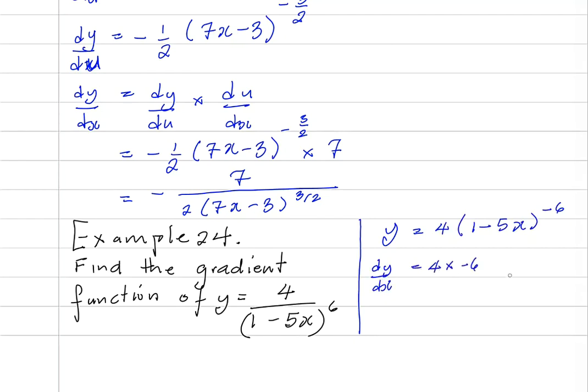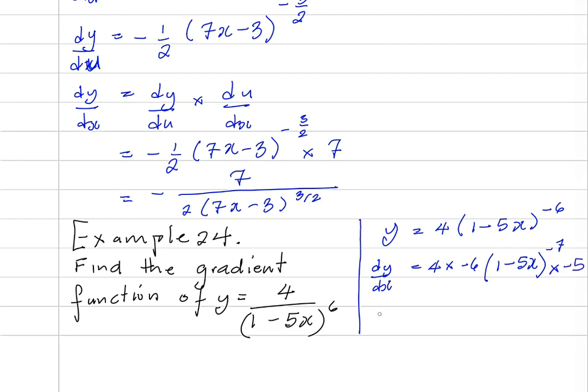So that minus 6 comes to the front. Then 1 minus 5x. The power decreases by 1, so it's minus 6 minus 1, which is minus 7. And then we have to multiply by the differential of the inside function. The inside function is 1 minus 5x. When you differentiate that, you're going to get minus 5.